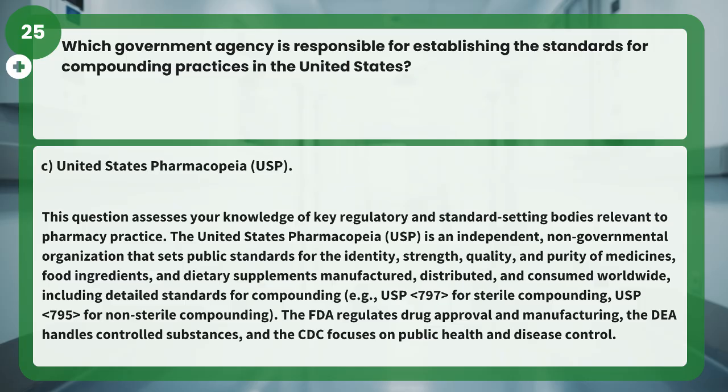The United States Pharmacopoeia, USP, is an independent, non-governmental organization that sets public standards for the identity, strength, quality, and purity of medicines, food ingredients, and dietary supplements manufactured, distributed, and consumed worldwide, including detailed standards for compounding, namely USP <797> for sterile compounding and USP <795> for non-sterile compounding. The FDA regulates drug approval and manufacturing, the DEA handles controlled substances, and the CDC focuses on public health and disease control.